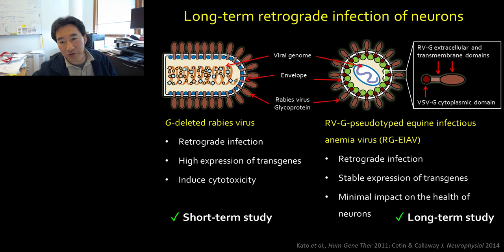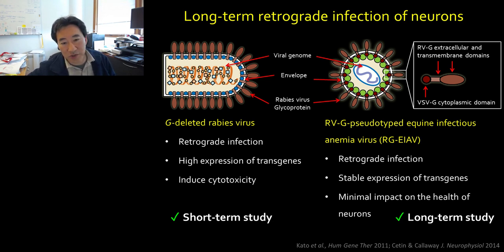So using that idea, we pseudotyped a lentivirus from horse, equine infectious anemia virus, EIAV, with the glycoprotein of the rabies. So this virus can go retrogradely by infecting the axon terminal. And it has a DNA genome in the viral particle, so it can generate stable expression of the transgene, and it doesn't kill the cell. So you can do long-term study with this viral tool.